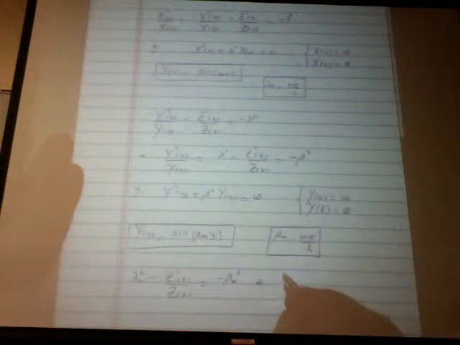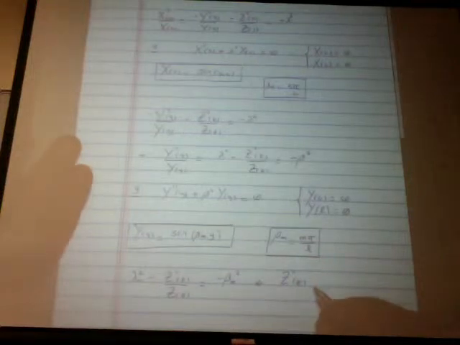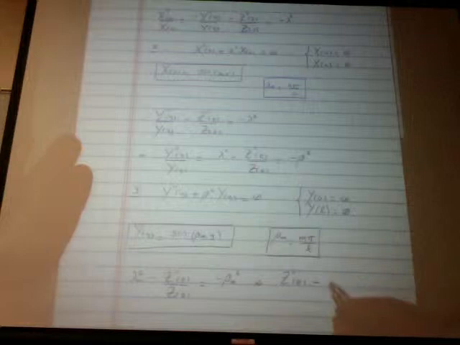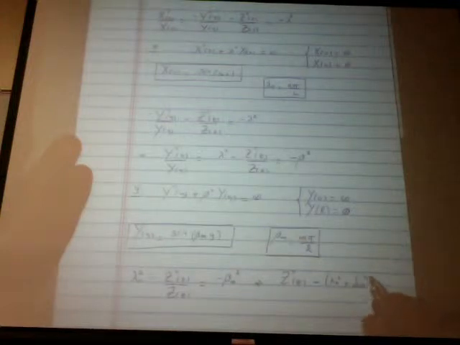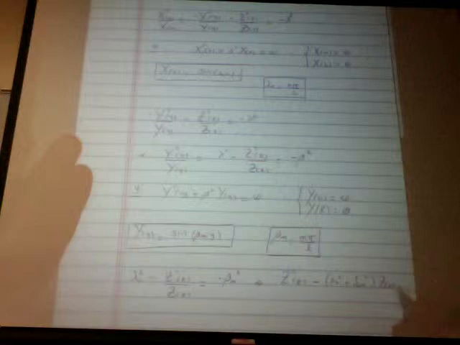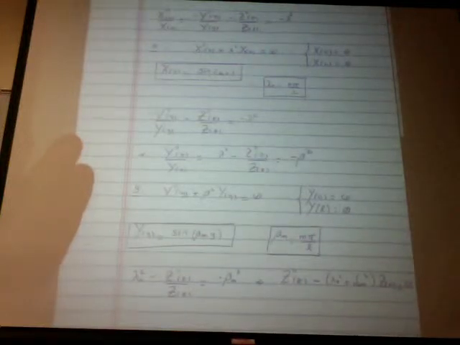Alright, so that is Z double prime of z, and this will be minus lambda n squared plus beta m squared times Z of z is equal to 0.